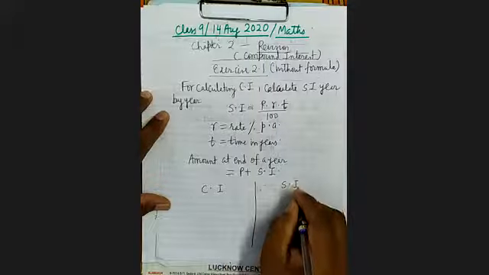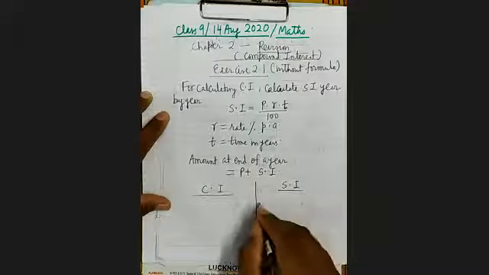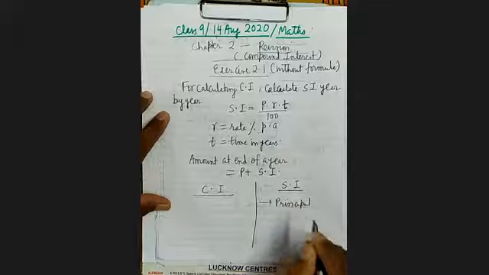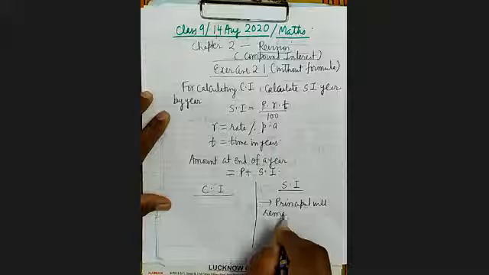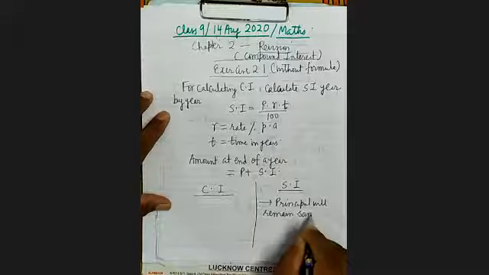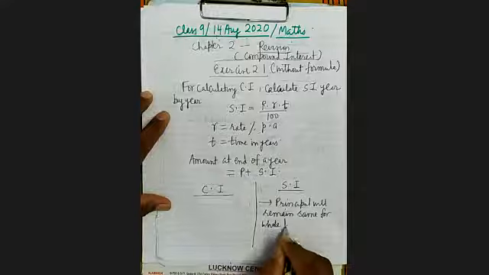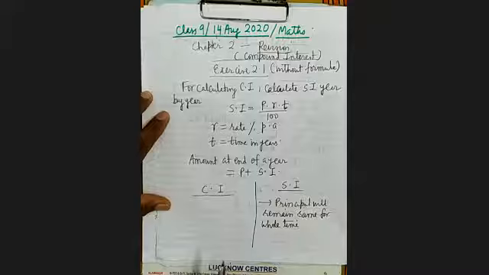Sankalp, what is the difference? In simple interest, the principal will remain the same for the whole time. Suppose you have to calculate simple interest for 3 years, then the principal for 3 years will remain the same.